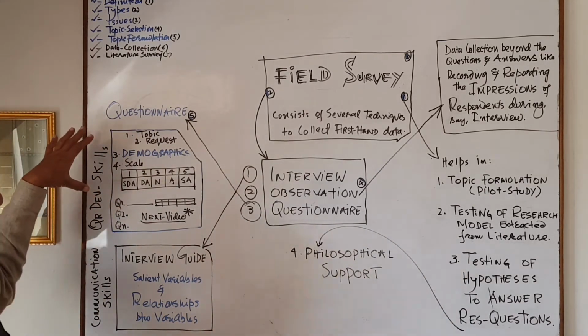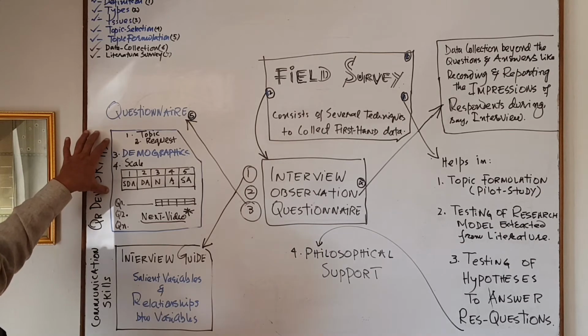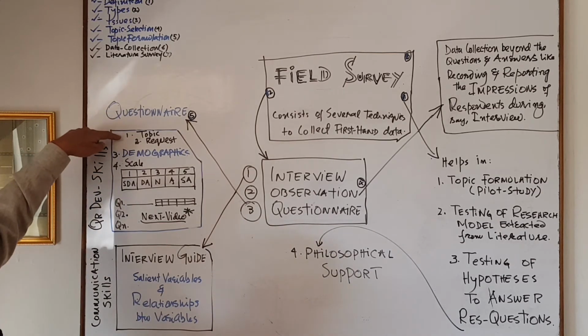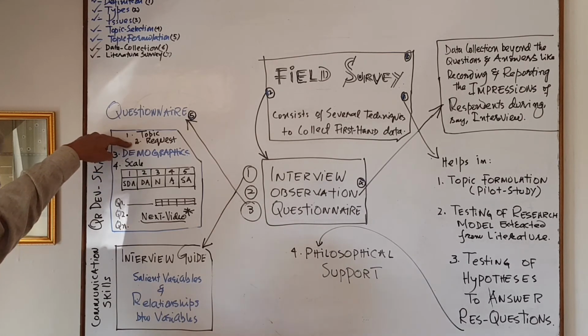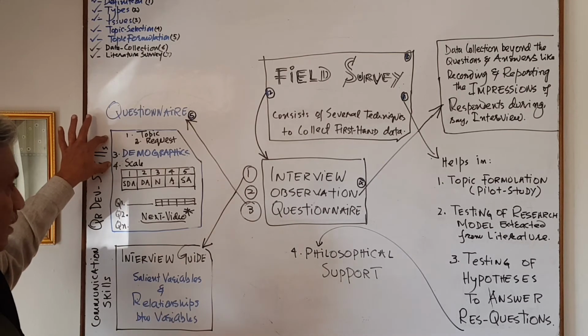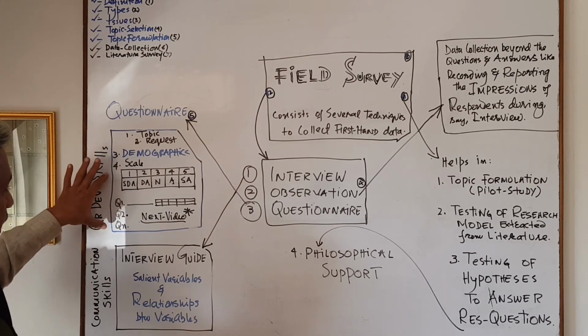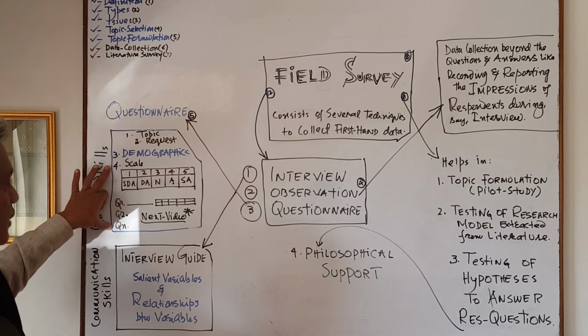Most of the questionnaires in social research consist of the following parts. On the top is the topic, and then we put a request to the respondent to help in filling the questionnaire. Then we record the demographic attributes of the respondents, and after that comes the section on the research questions.